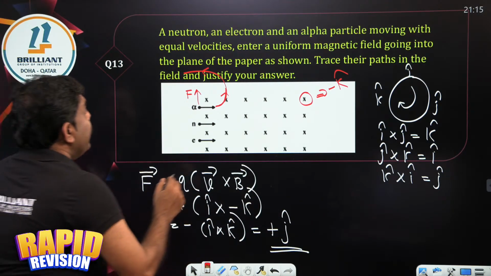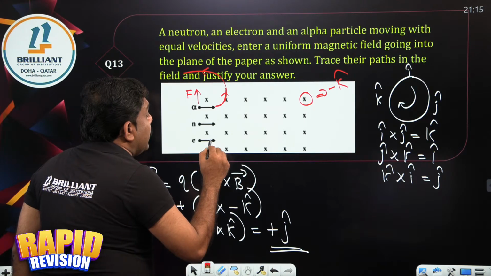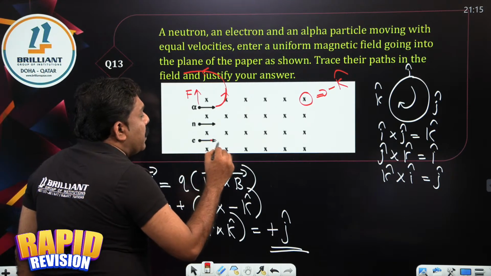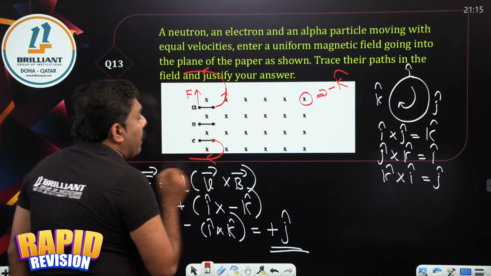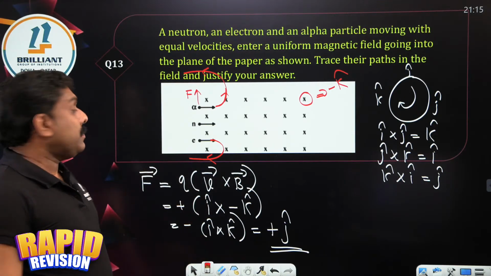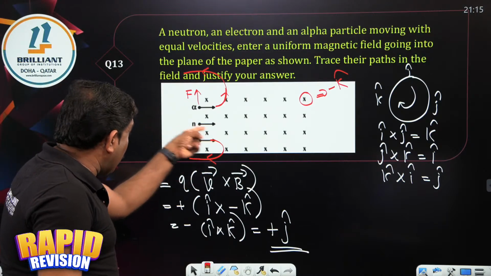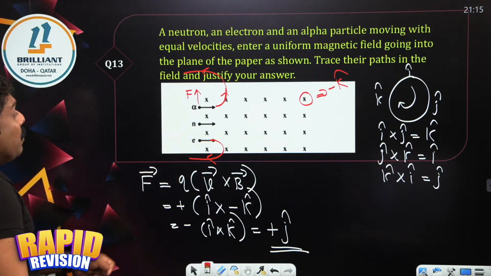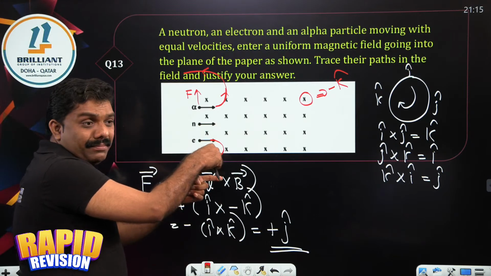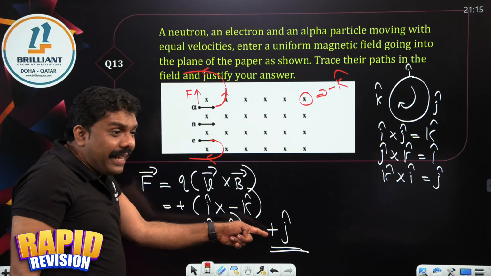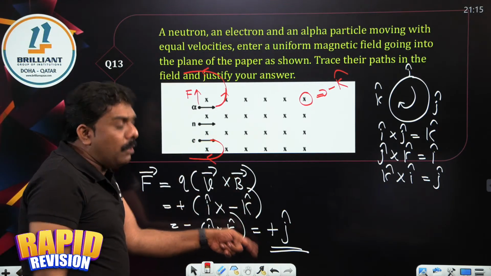So we can say the electron will be experiencing the force downward, so it moves in a circular path and comes out like this. It completes a semicircular path and comes out of the field. Why is it deviating down? Because it is minus j. Electron has negative charge, so minus j.